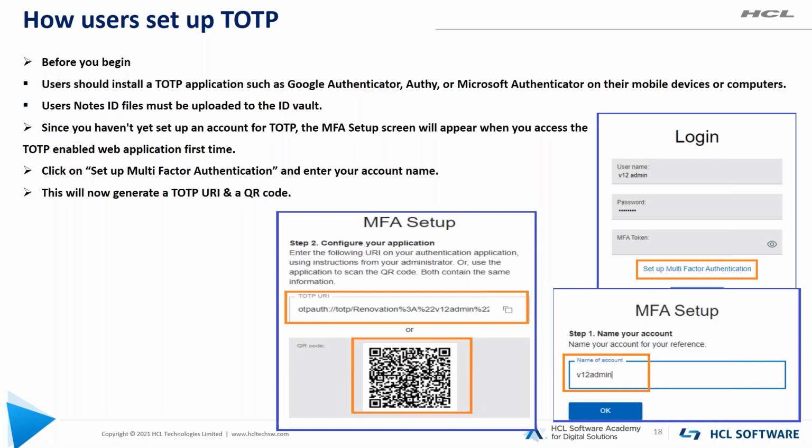You can put either your name or the device you are going to configure, for example iPhone, Android phone, etc. Once done, click on the OK button to generate the TOTP URI and QR code. You can use this TOTP URI or the QR code for completing the rest of the configuration. Moving to next slide.